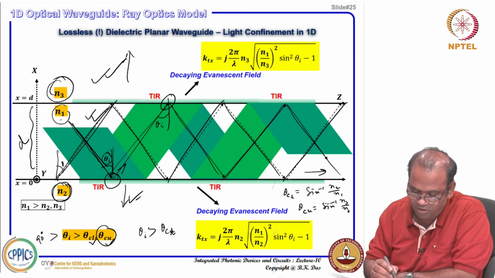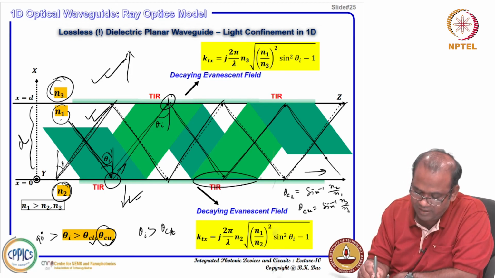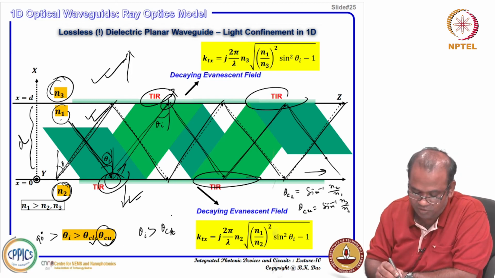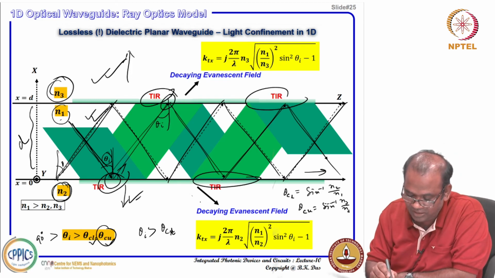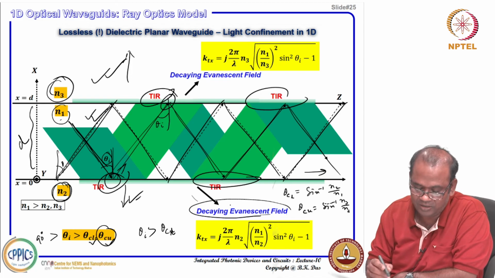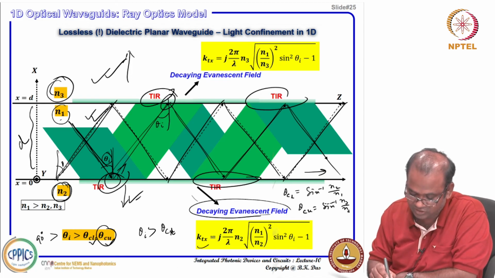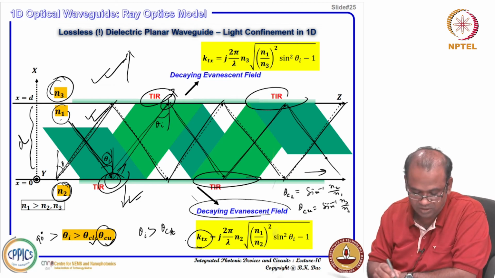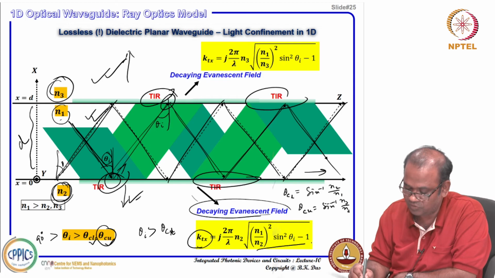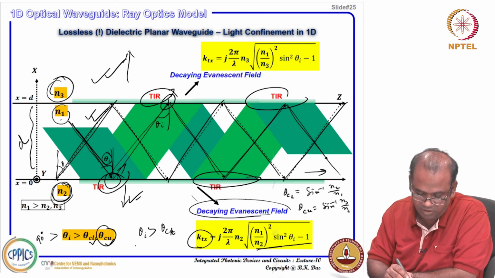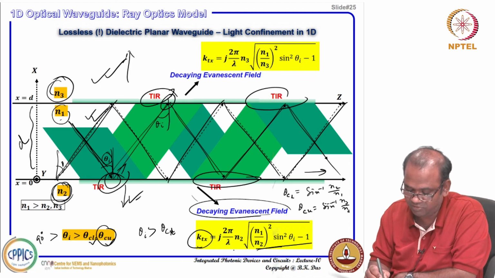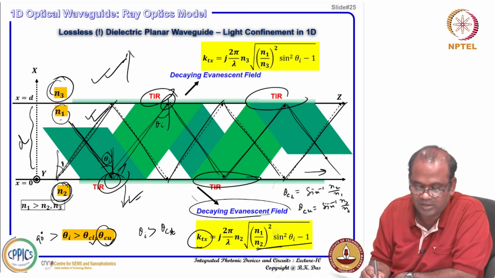Okay. So, since everywhere you are having total internal reflection, you can have some kind of decaying evanescent field, because KTX in this medium, with n2, is j 2 pi over lambda n2 something, because KTX equals cos theta t, and the imaginary cos theta t you are getting, that is what I have derived earlier also.